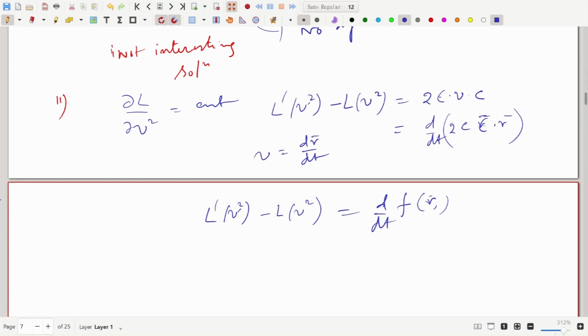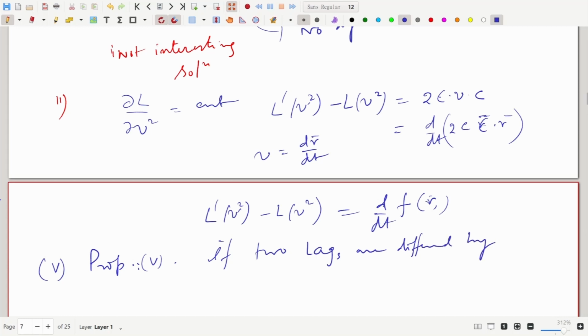Now recall the last property, the fifth property: if two Lagrangians differ by a total time derivative, then we have the same dynamics.